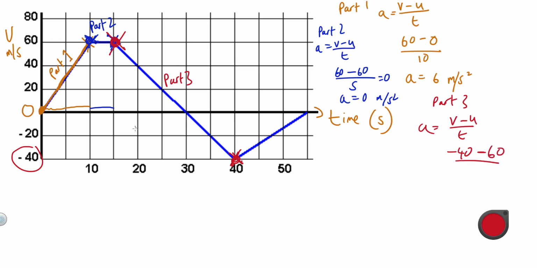The time it's taken to complete that part of the journey is 5, 10, 15, 20, 25 seconds. So negative 40 take away 60 is negative 100, divided by 25. That's going to be negative 4, because it's slowing down, it's decelerating. That's negative 4 meters per second squared.